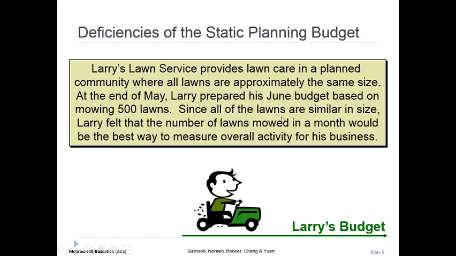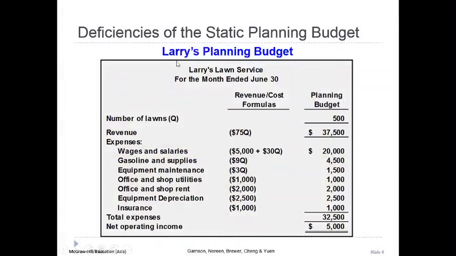Since all of the lawns are similar in size, Larry felt that the number of lawns mowed in a month should be the best way to measure overall activity for his business. So this is Larry's planning budget, the static planning budget, based on an activity level of 500 lawns.